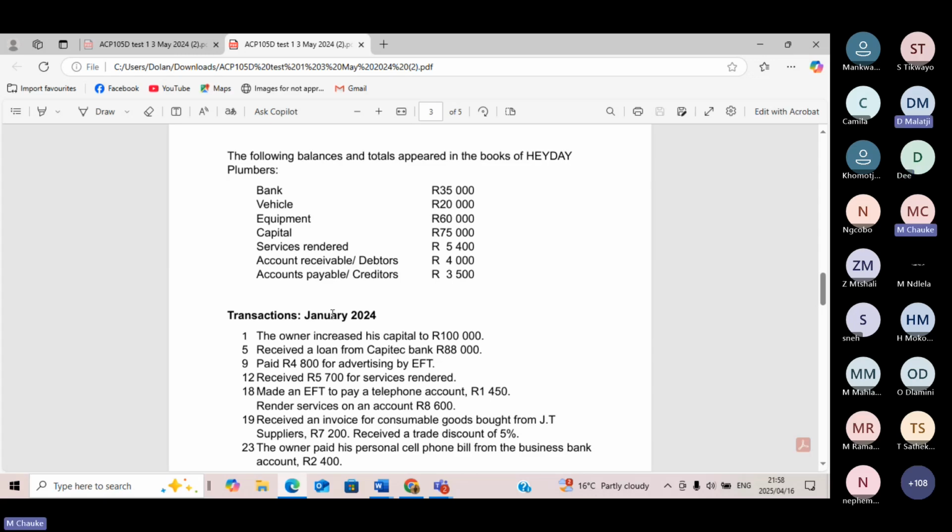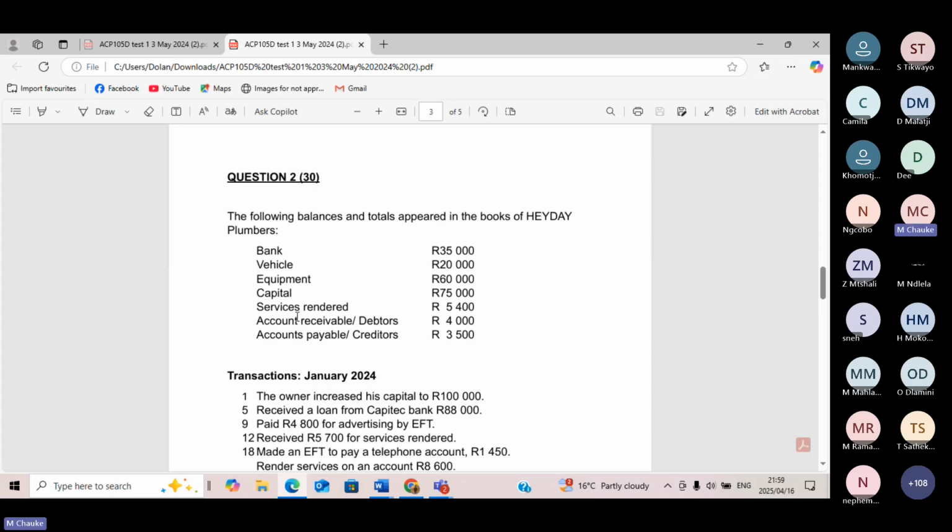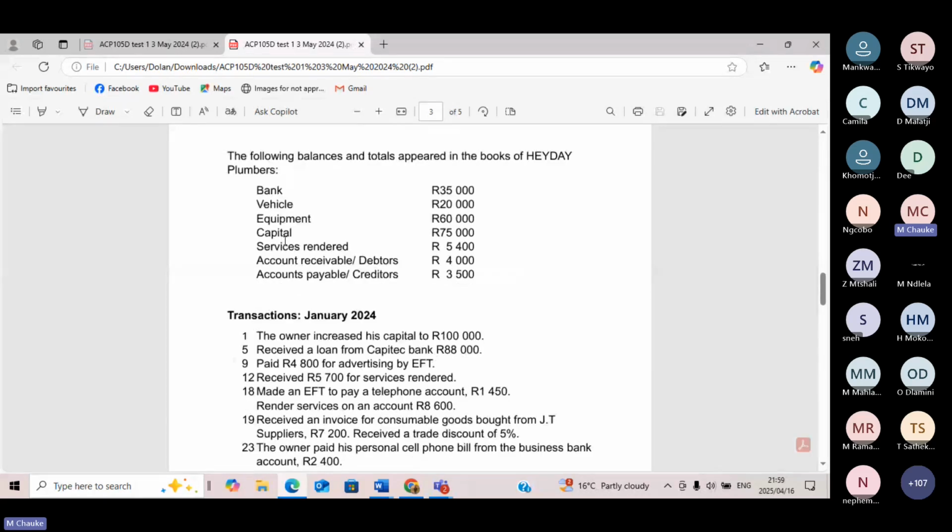Yes. Okay. They say the following balances and totals appear in the books of Heyday Plumbers, and then they give you bank, vehicle, equipment, capital, service rendered, accounts receivable or debtors, accounts payable, and creditors.